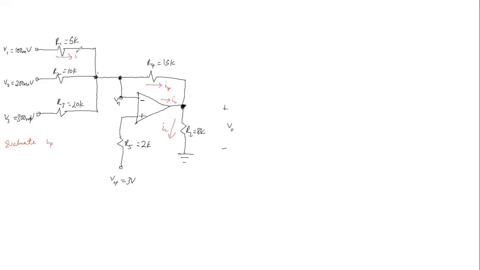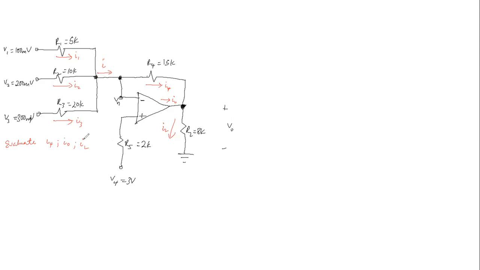And this is I sub 1. This is current flowing through this resistor R2. And then this is I sub 3. So total current flowing out is I. And then we also want to evaluate I naught. And then we also want to evaluate I sub L, the current flowing through the load resistor, 8k ohms.